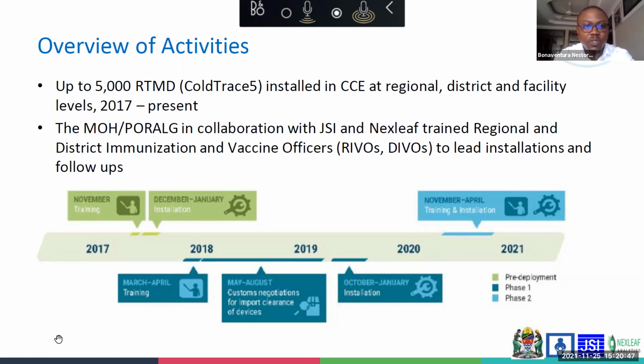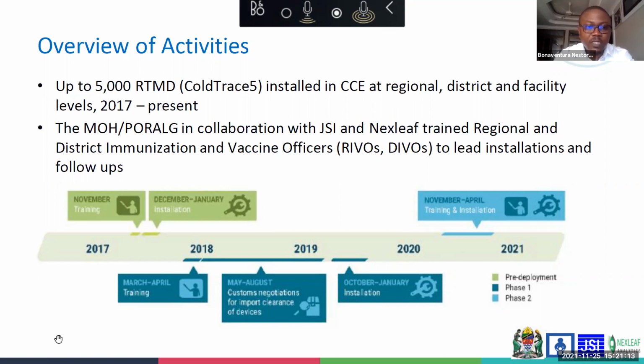We're grateful to JSI and the Ministry of Health. In collaboration with these partners, we are managing to train the district and region immunization focal persons who led the installation of these devices at the facilities and the vaccine storage warehouses at their offices.